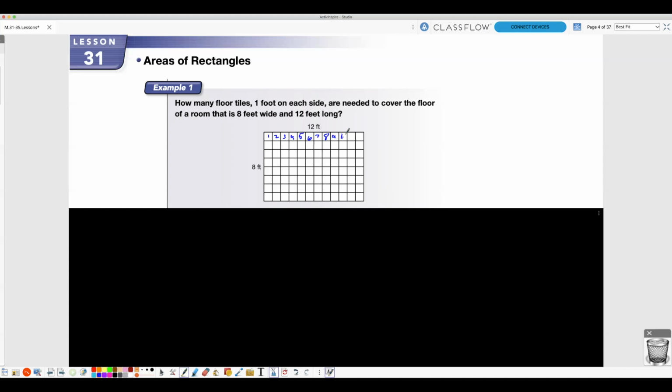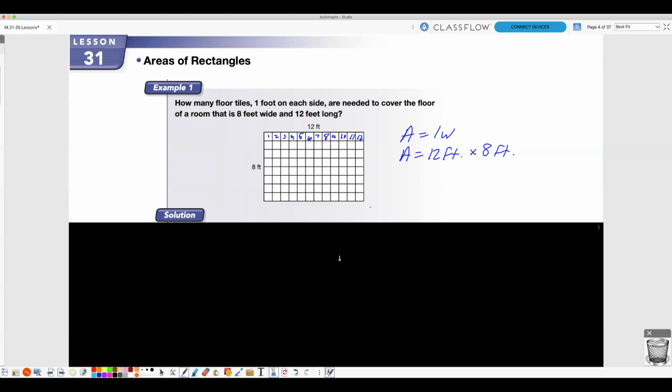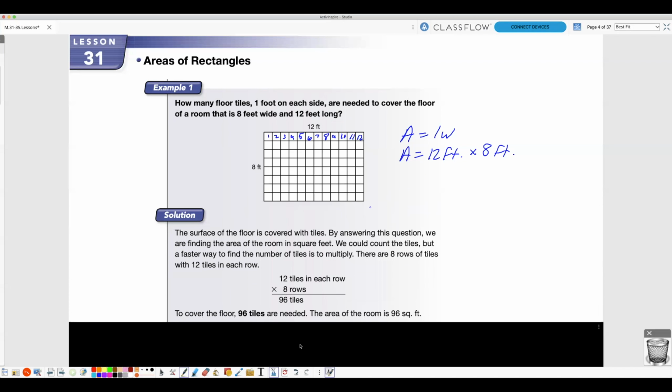This would not be something you would have to do if you know how to do the area of a rectangle. So area equals length times width, and in this case we know that the length is 12 feet, and we know that the width is 8 feet. So all we need to do is take that 8 feet times 12 feet to get 96 tiles, which is what the answer would be.